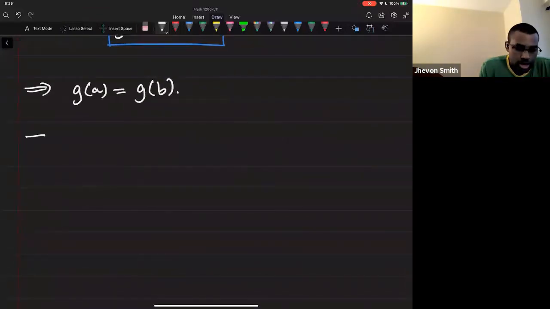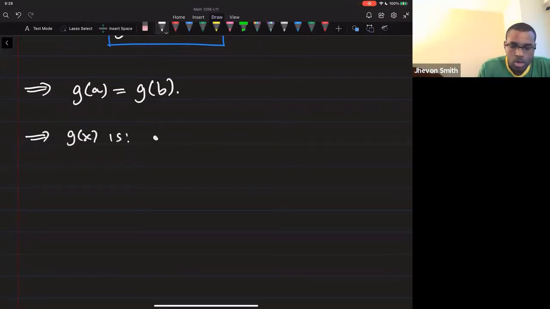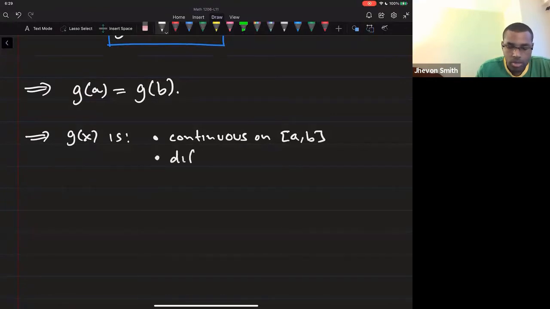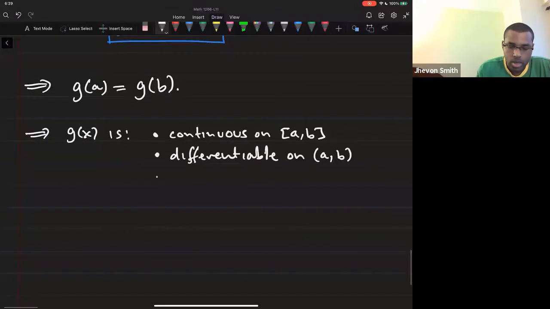And this means g of x is, one, continuous on [a, b]; two, differentiable on (a, b); and three, g of a equals g of b.